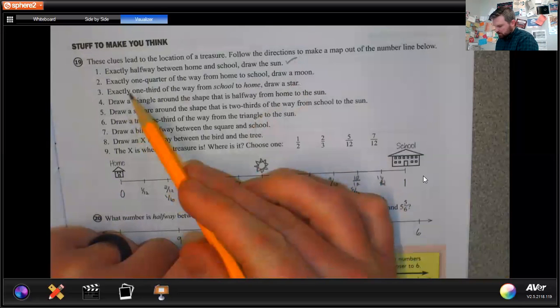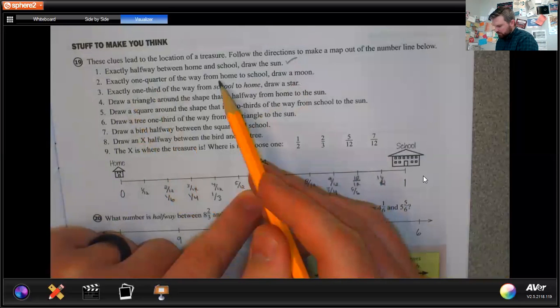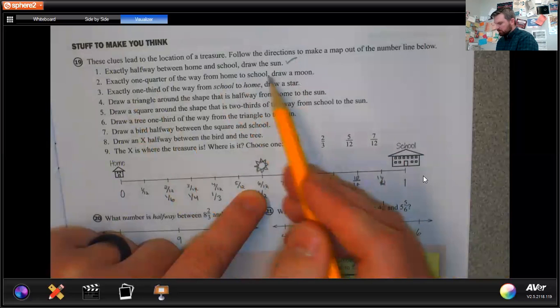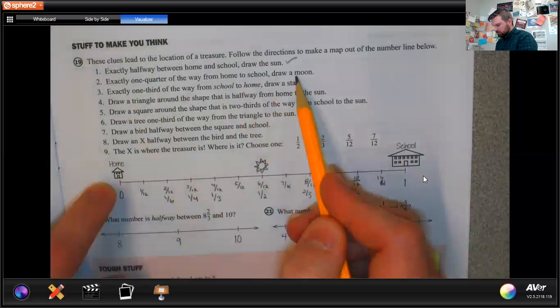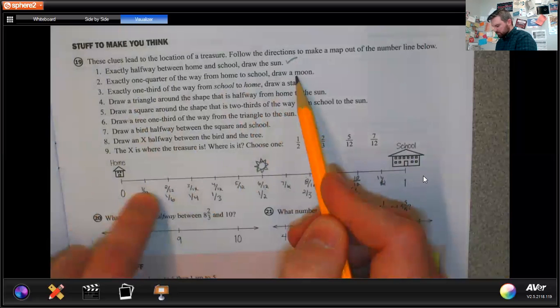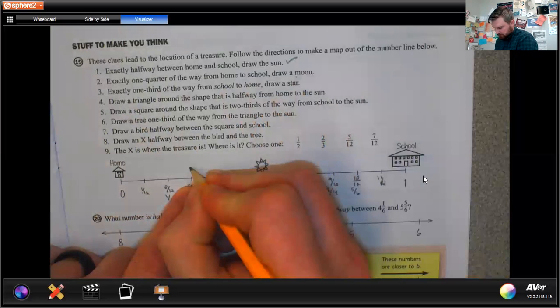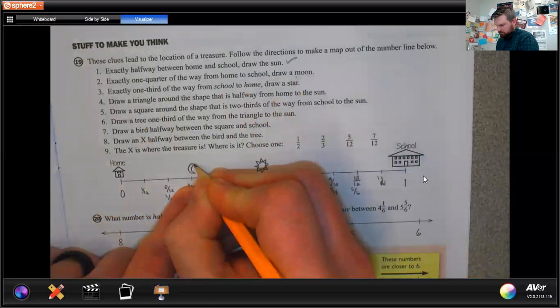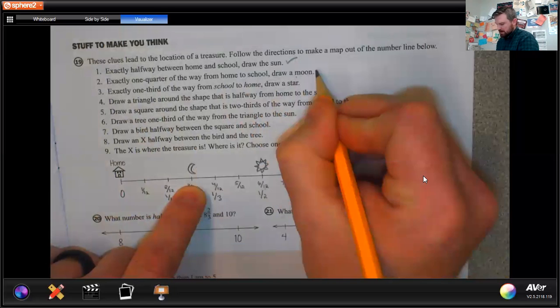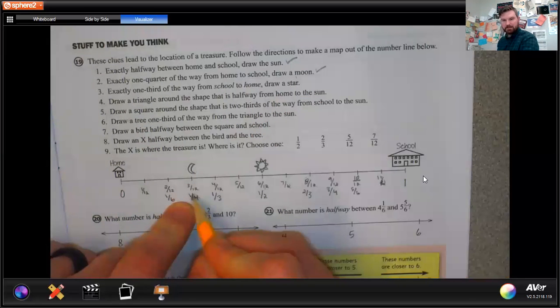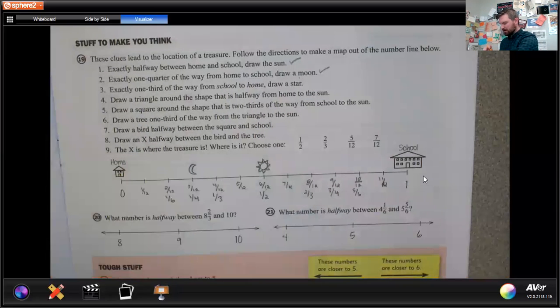Exactly 1/4 of the way from home to school, you draw the moon. So from home to school, 1/4 of that would be 1 over 4. You're going to draw a moon. I'm just going to draw this little crescent moon there. Check. See how writing these fractions ahead of time kind of helped us out a little bit.